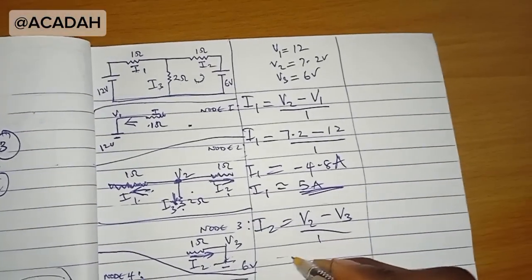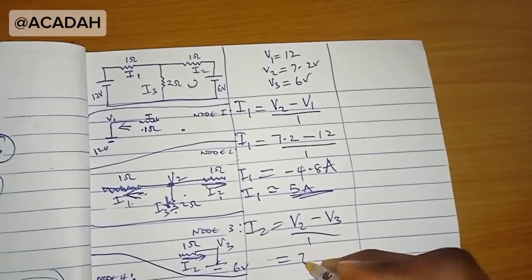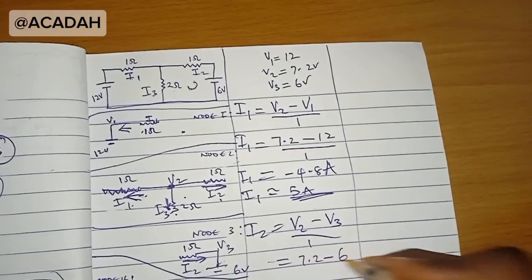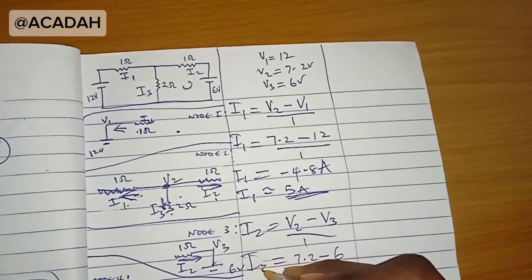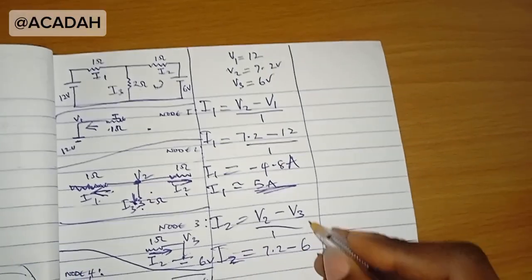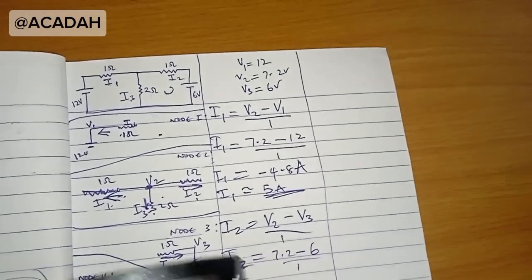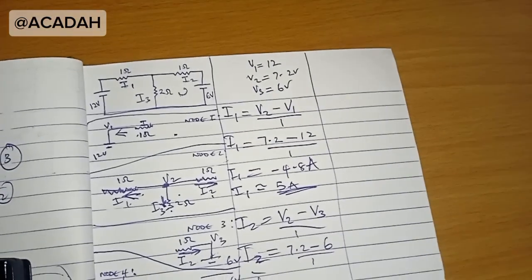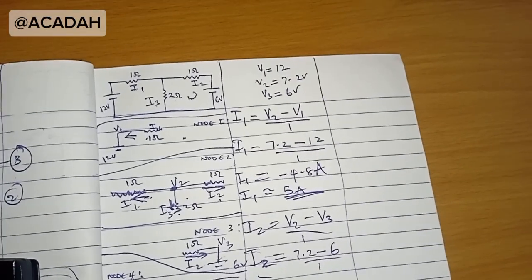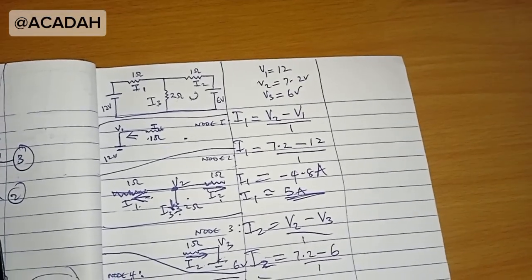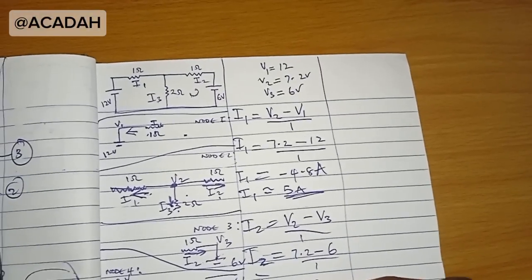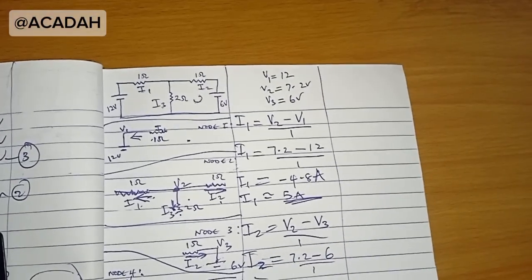So I2 equals to V2 is 7.2 minus 6, sorry, V3 is 6, all over 1. So 7.2 minus 6 is 1.2 volts.